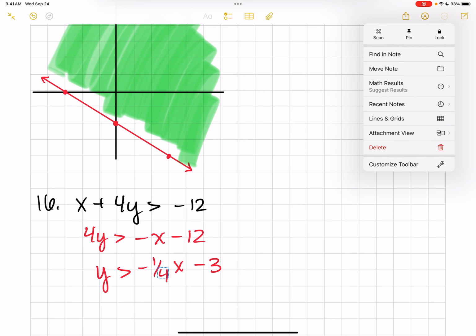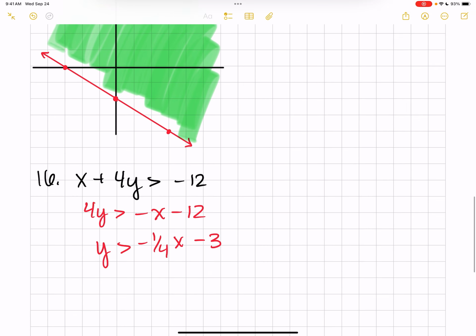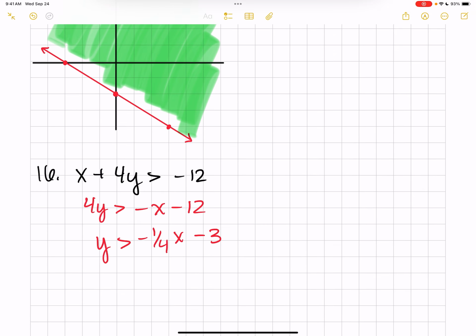Now, the one thing I will caution you about, if that had been a negative 4y, what would I have had to do when I divide it? Yep, I would have had to flip the inequality, which means that the shading would be in the opposite direction. So don't determine which way you're shading if it's not already in y equals mx plus b.